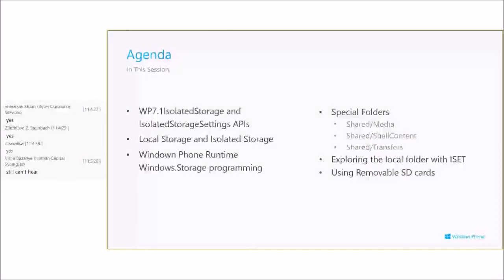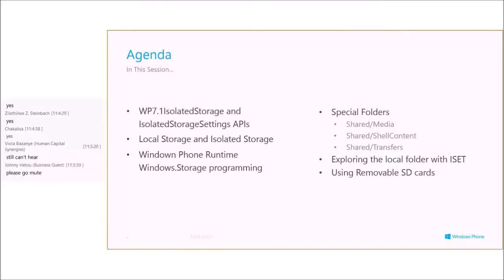So for the agenda for today, we're going to talk about the Windows Phone 7.1 isolated storage and the isolated storage settings APIs, the local storage and the isolated storage, Windows Phone runtime, the Windows.Storage programming, and we'll talk about the differences and the similarities between files and storage between Windows Phone and Windows 8.